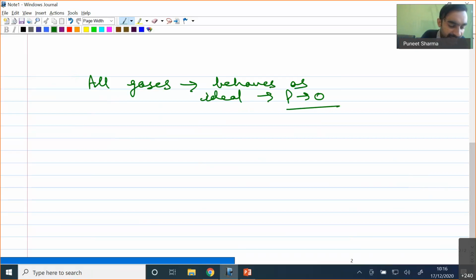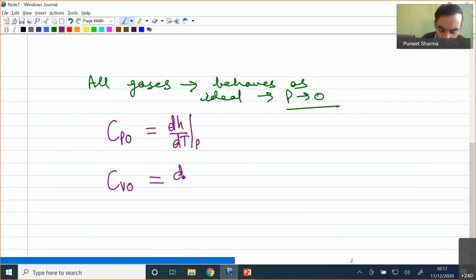By considering this assumption, for ideal gases we use the symbol Cp naught equal to dH by dt. Instead of writing Cp of gas, I can simply write Cp0. Similarly, I can write Cv0 as du by dt at constant volume.